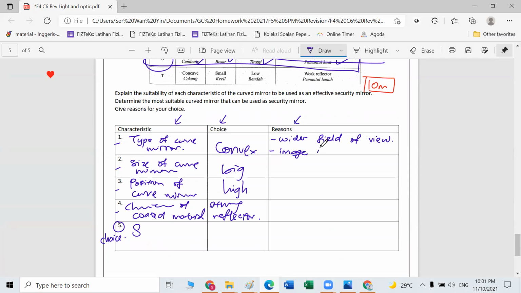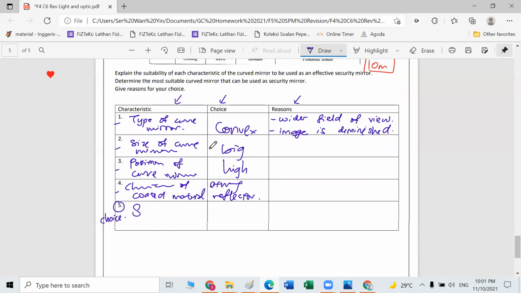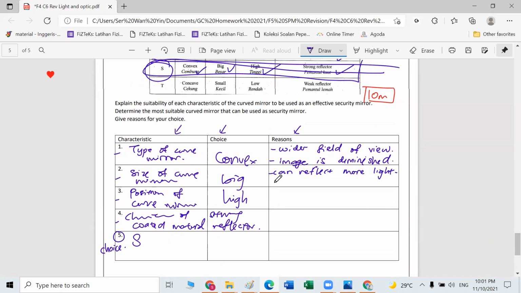Image is diminished, also means wider field of view, can cover more angle. Size of curved mirror, we always say big size means can reflect more light. Or we can say the image is brighter.